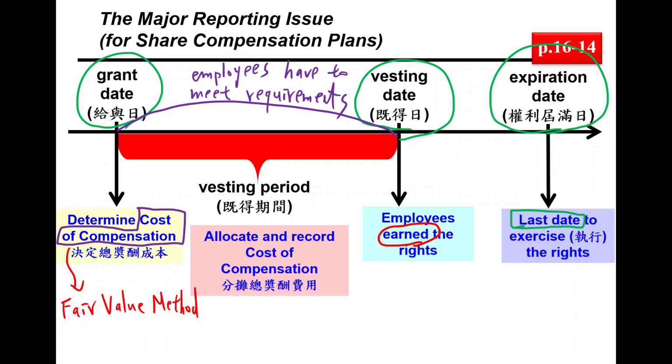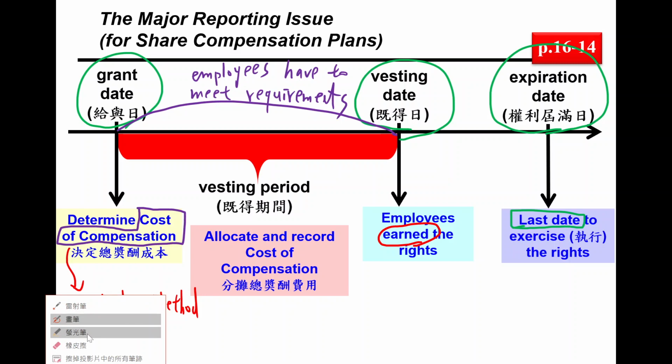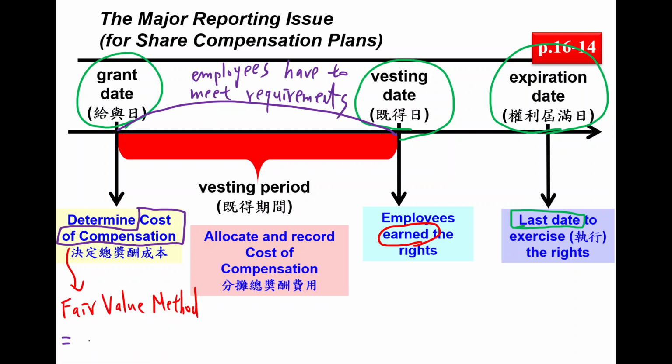So we have to know how much the right is worth. So the fair value method means the fair value of one option. Option means the right, so the share option, the share warrant. We give them one option, one right, one share warrant. How much?